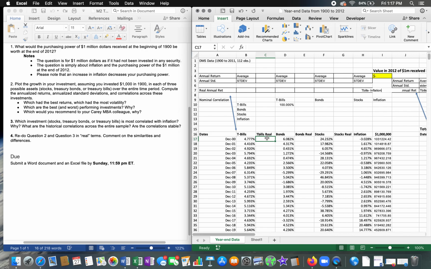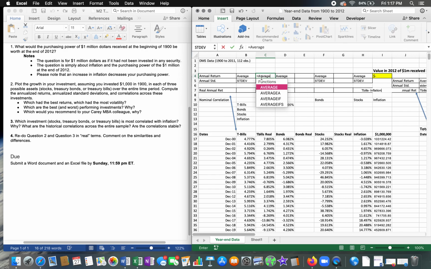So for this one, I would do equals this return minus inflation, and then go down and do this for the bonds and the stocks. And then for T-bills real, you would do the average function again for this, and again go all the way down.